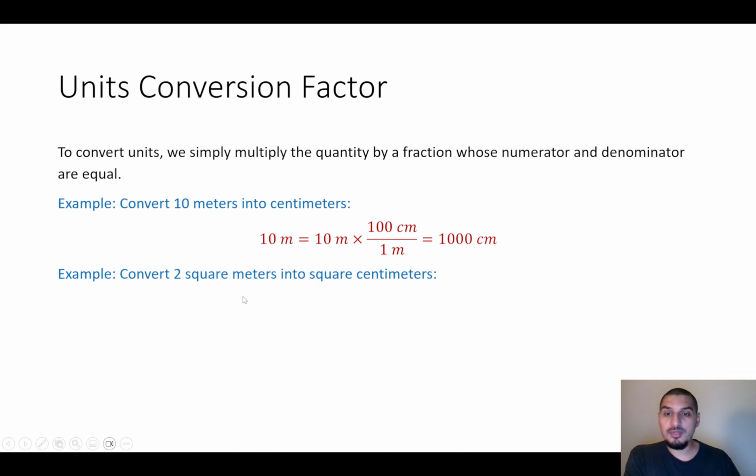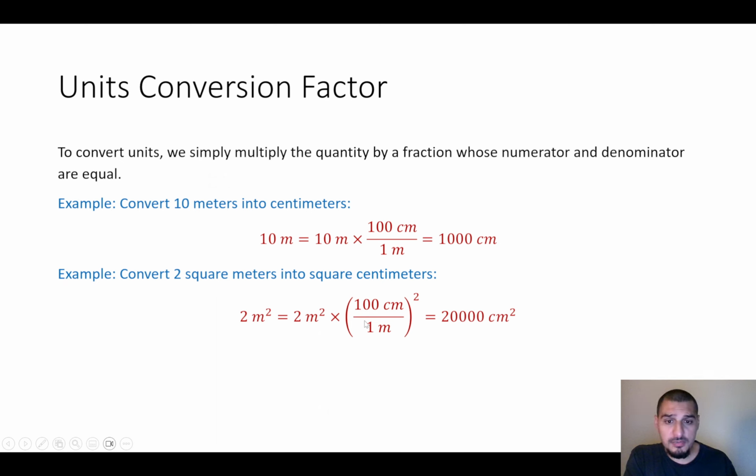Let's take another example. If we want to convert 2 square meters into square centimeters, it's also the same thing. 2 meters squared is equal to 2 meters squared multiplied by 1. This one is the same ratio, 100 centimeters divided by 1 meter, but this is meter to the power 2. So we have to make sure that the units are raised to the power 2 as well.